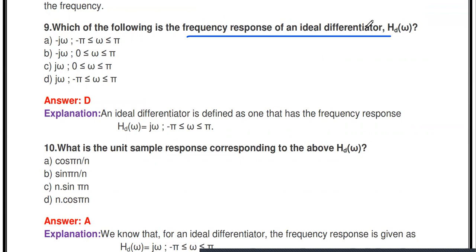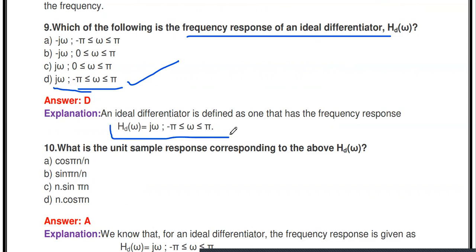H_d(e^jω) equals jω for the frequency between −π to π. So this is the frequency response of the ideal differentiator. You just remember it.